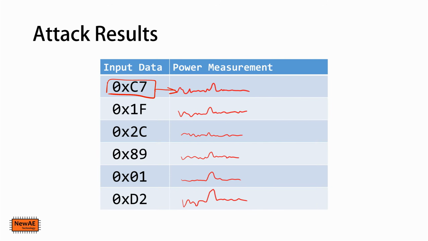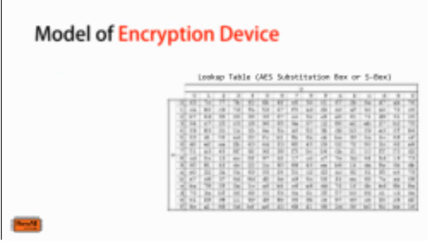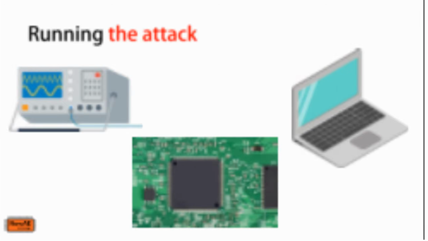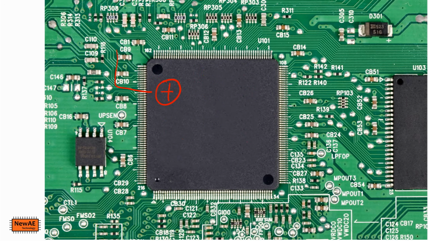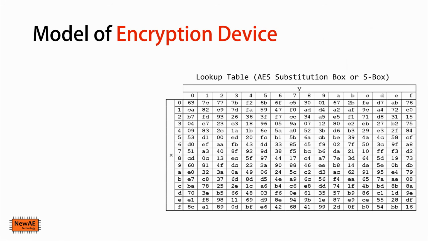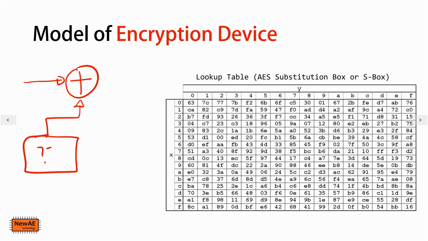So this is where we have to start to have a bit of a model of how the device works. So this is just me saying, I know it's doing an XOR, I don't know with what, and I know it's doing a lookup table. So in this case, I have a model. I know it's doing an XOR with some unknown value, and it's a big question mark what that value is.